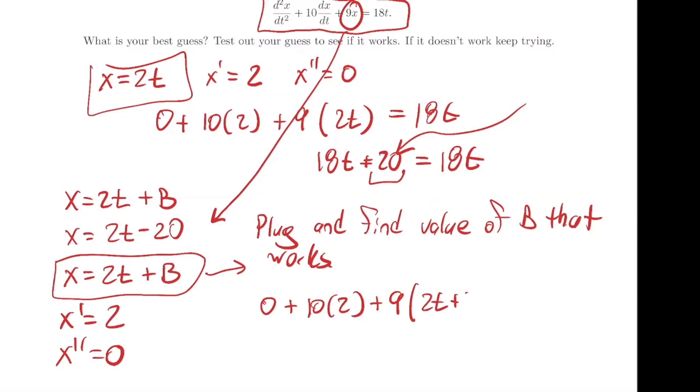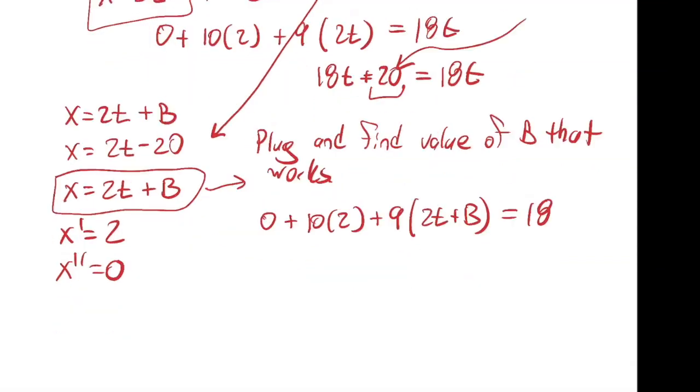And now we have this additional undetermined constant b in our equation. So this gives us 20 plus 18t plus 9b should equal 18t. Sorry, I had a t over here.